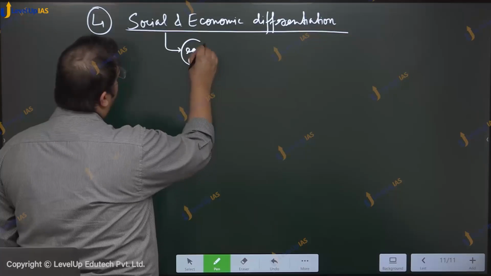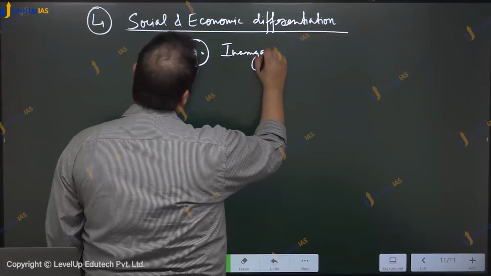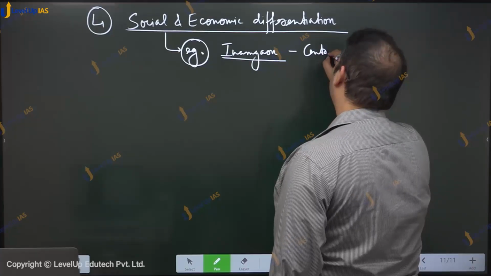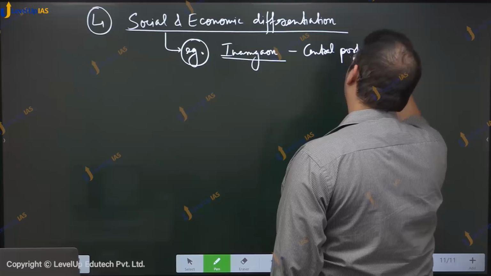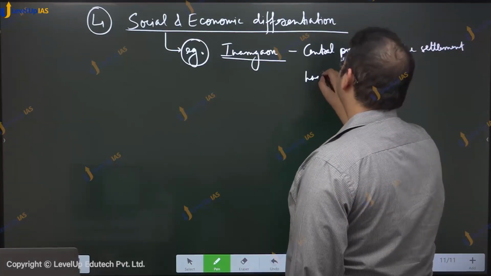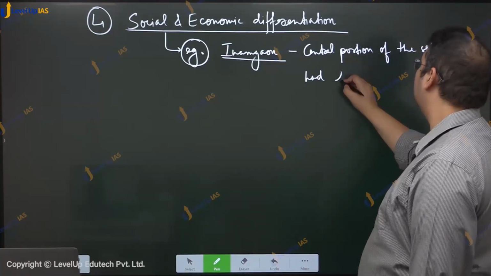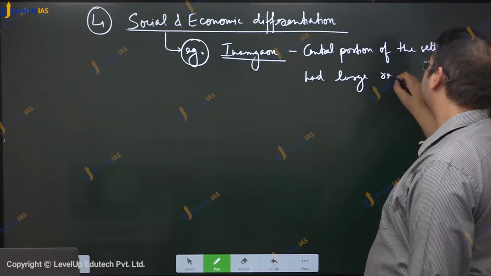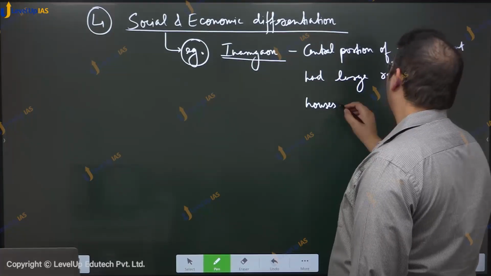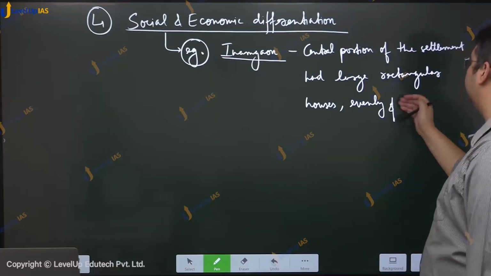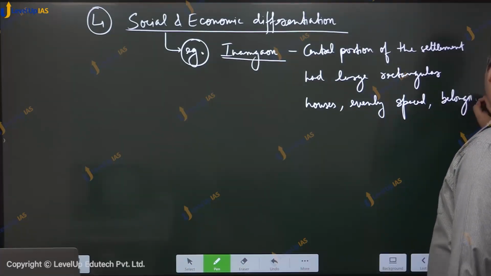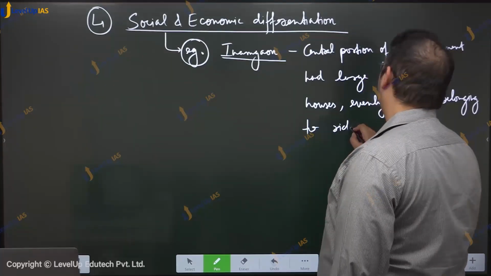Example, at Inamgaon, the central portion of the settlement had large rectangular houses, evenly spaced, belonging to rich farmers.